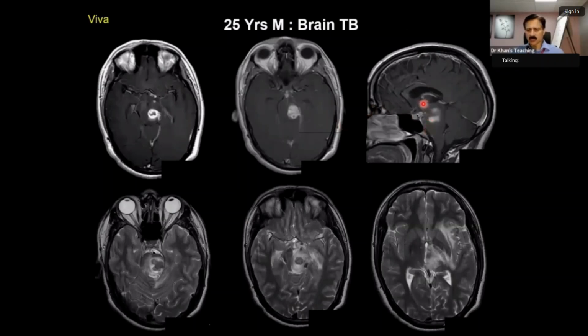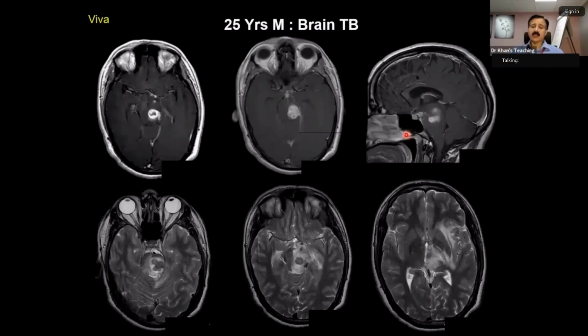Look at this case. Once again, you can see this enhancement in the suprasellar cistern. But with that, there can be enhancing lesions within the brain parenchyma, and they can be nodular enhancement. Once there is necrosis inside, there will be what we call ring enhancement. So all of these things can go on.